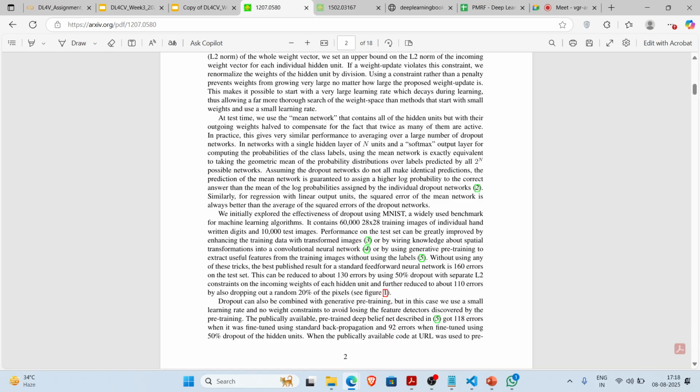Next, that was the training time. Now we're looking at the test time. At test time, we use the mean network, the model average network, but with the outgoing weights halved to compensate for the fact that twice as many of them are active.